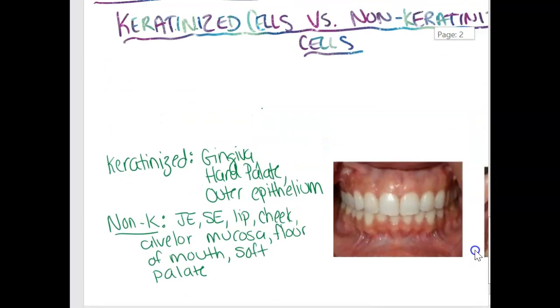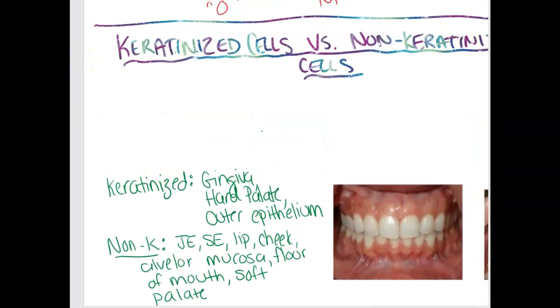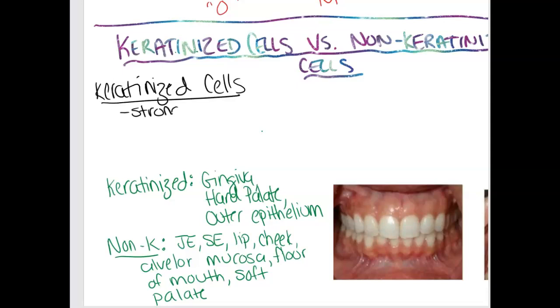So if I go down over here. Okay, so I'm just going to write down keratinized cells. Keratinized cells are strong. I want you to think of keratinized cells as something strong, and I'll give you some examples. You can also think of something waterproof, where water won't be able to go inside the skin.